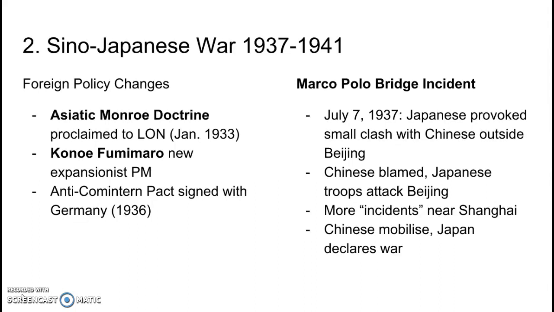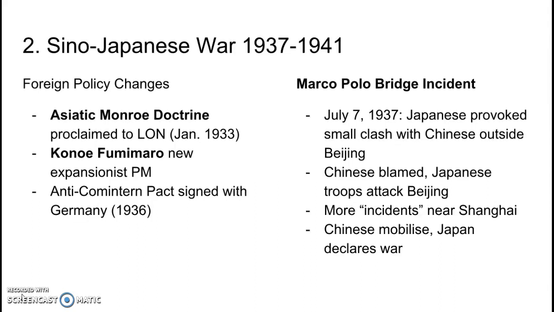Japan actually met some pretty stiff resistance by the Russians, and by 1941, Japan and the Soviet Union will have signed a non-aggression pact, ending their conflict in East Asia.